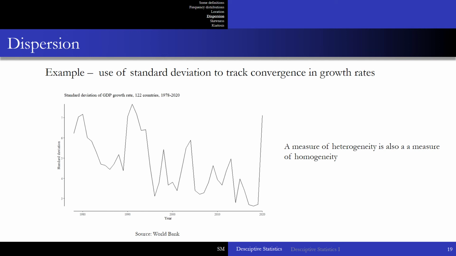So what we're really looking at is year on year whether countries become more similar to each other, the distribution of growth rates is compressed, or whether they become more different from each other, the dispersion gets wider. As you can see in the graph, the general trend over time, despite quite a lot of erratic fluctuation, is for countries to become somewhat more similar. That is until we get to 2020, probably actually 2019, when things change quite dramatically because of the effects of COVID.